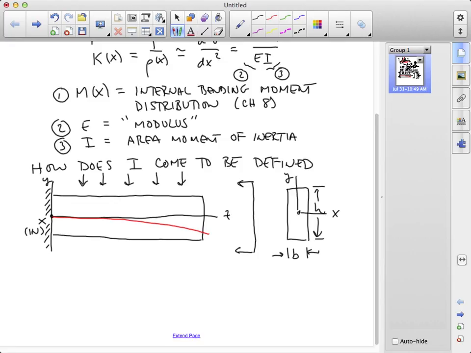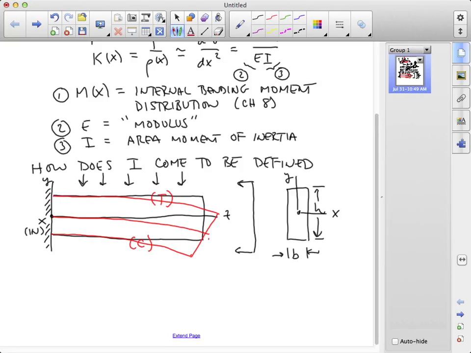And more importantly, the upper fibers of this beam will stretch and the lower fibers of this beam will shrink. And so we're going to have a situation where we are both in tension and in compression at the same cross-section.